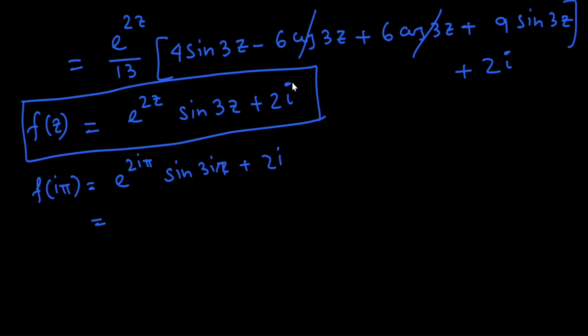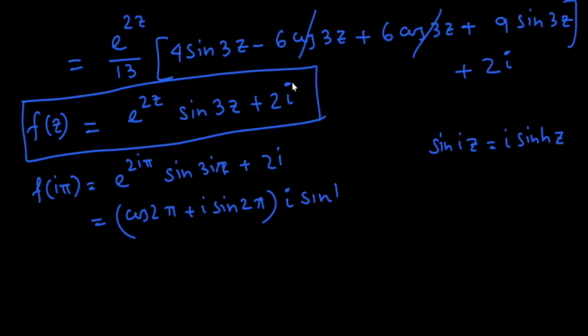Now e to the power 2i pi means cos 2 pi plus i sin 2 pi, times sin i pi. Sin iz is equal to i sinh z. So we write it as i sinh 3 pi plus 2i. Cos 2 pi means 1 and sin 2 pi means 0. So this gives simply i sinh 3 pi plus 2i.